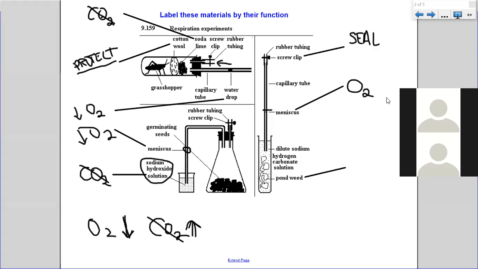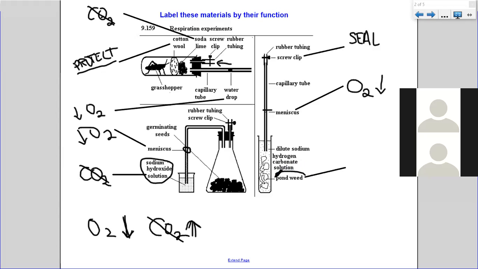In respiration, do you produce oxygen or do you consume oxygen? You produce oxygen, like a plant? Or do you inhale oxygen? Oh, yeah, I take in oxygen. You take in oxygen, yeah. So that's going to be the decrease in oxygen, oxygen being consumed.